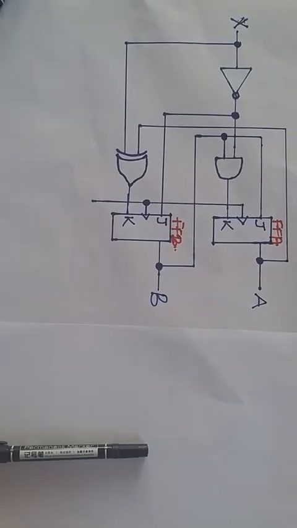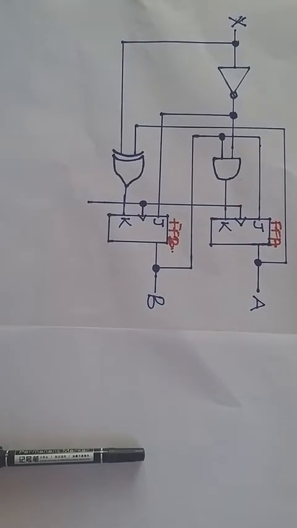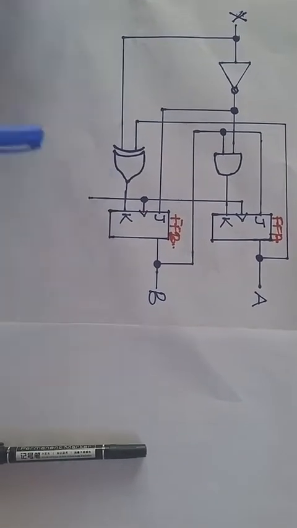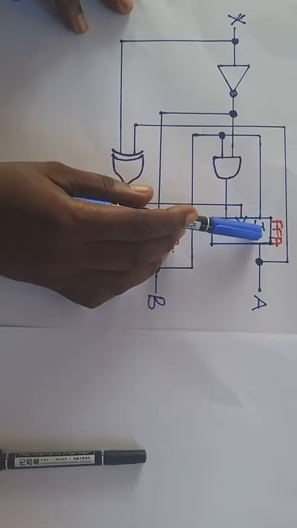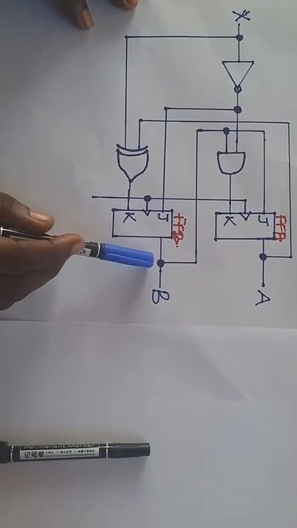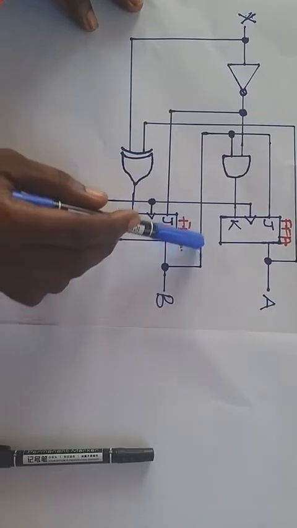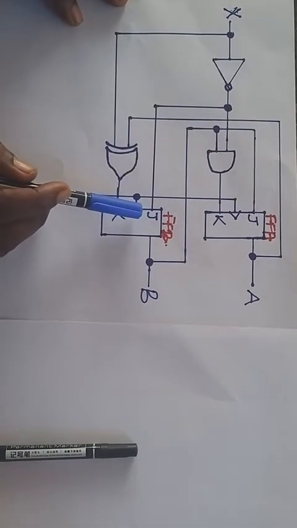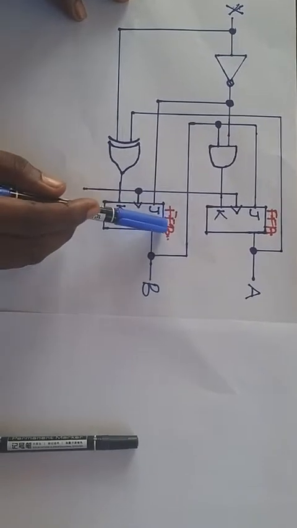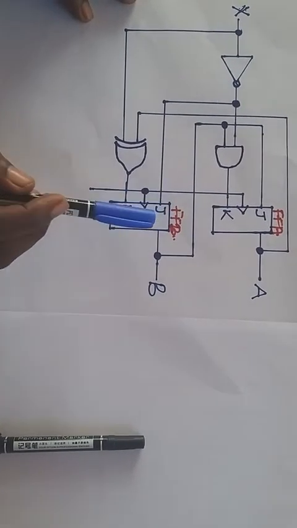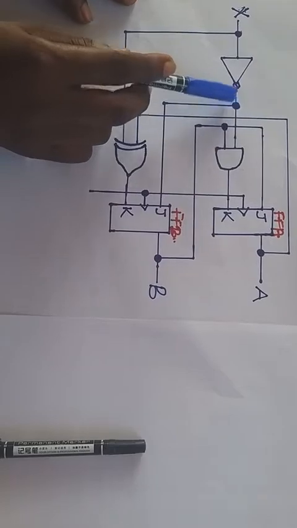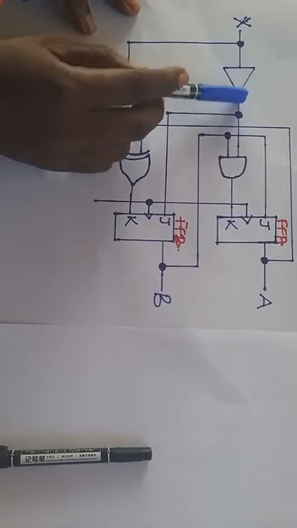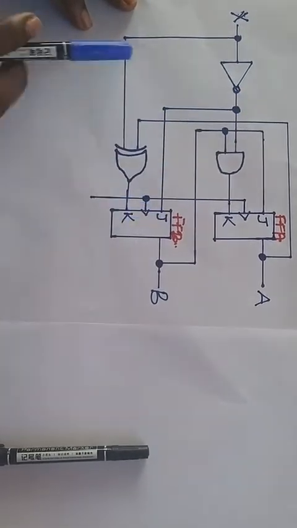Now the input to flip-flop A, that is the J, is a feedback from B. The input to flip-flop B, that is the J, JB, is also coming from the output of the inverter.